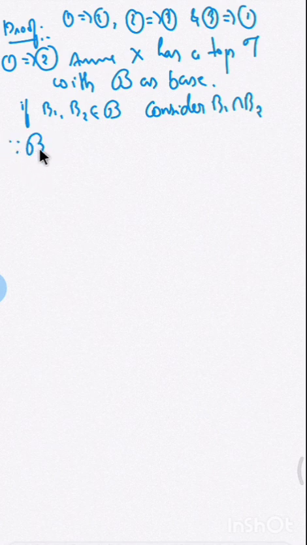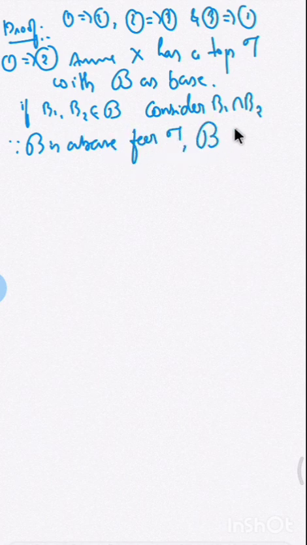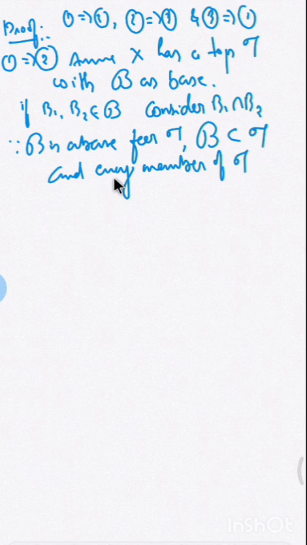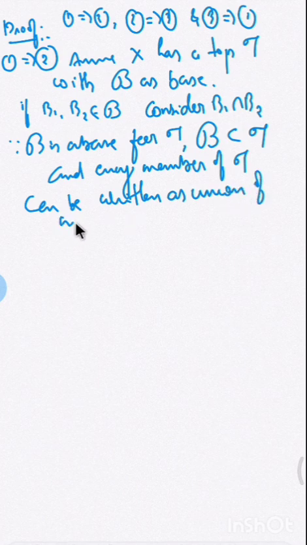Since script B is a base for tau, script B is contained in tau itself, and every member of tau can be written as a union of members of B. This is the definition of base for a topology.